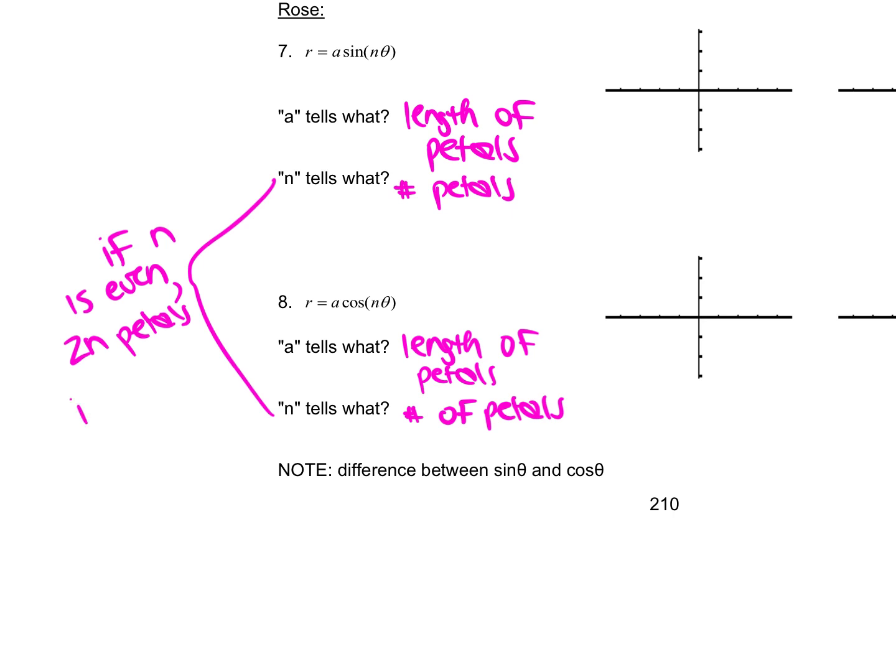If n is odd, there are just n petals. So in other words, if n is an even number, you are going to double it for the number of petals. If n is an odd number, it remains the same.